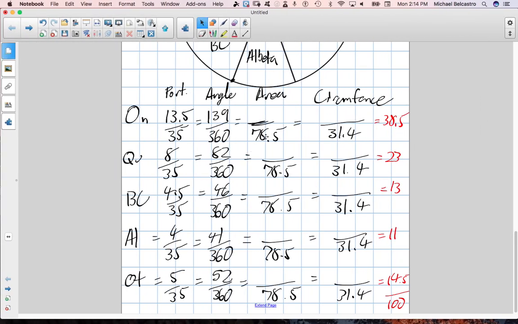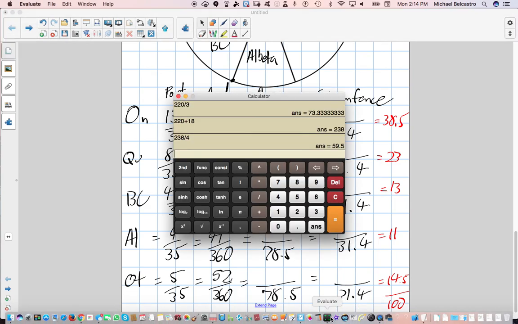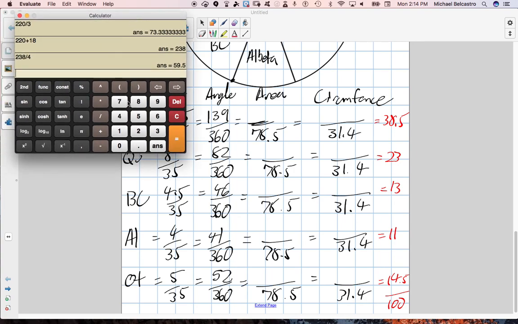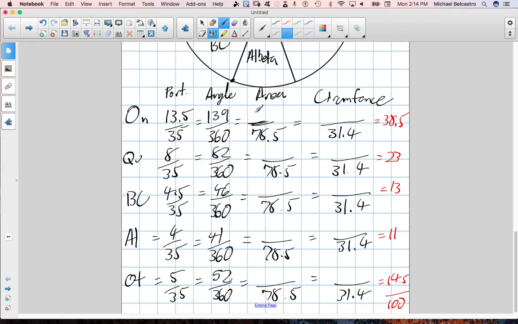So let's try that. 38.5 times 78.5. You know what? So we're not jumping back and forth, we can probably use this calculator here to be a little faster. So 0.385 times 78.5, approximately 30.2, let's say. So we have 30.2. Wonderful.